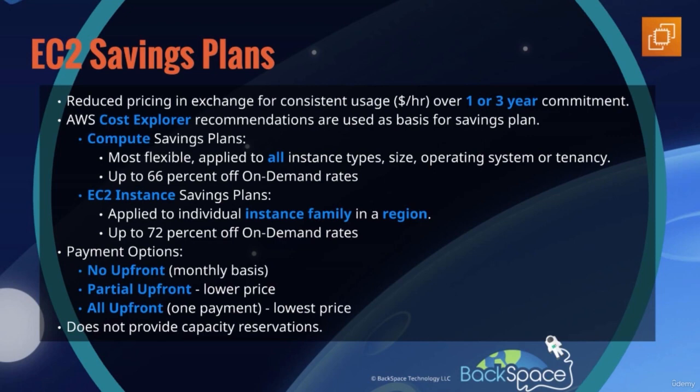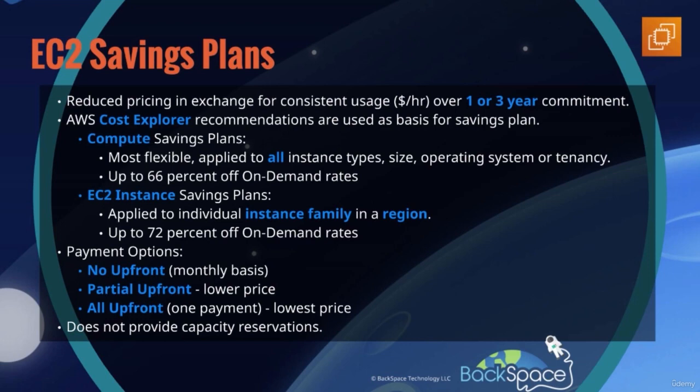You can also reduce cost depending on what payment option you come up with. So if you decide to have no upfront payment and just simply pay on a monthly basis, that is one option. If you want to reduce it from that, you can go to a partial upfront cost, and that is going to reduce the price over a no upfront. Or you can do everything upfront in one payment, and that will provide you with the lowest price of your savings plan.